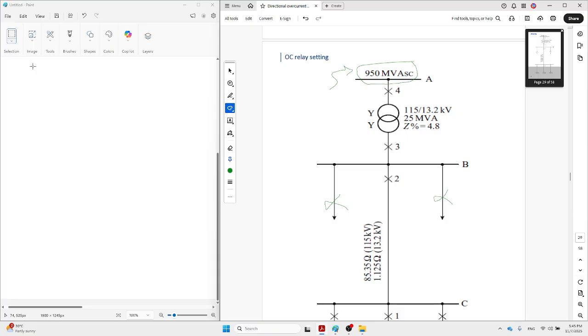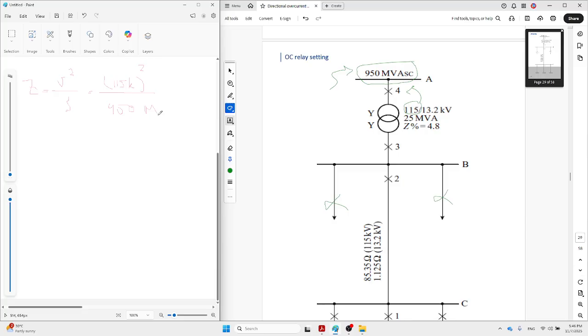Can you remember in per unit we said Z is equal to V squared over S. Since we know the voltage at the substation is 115 kV, and S is 950 mega.